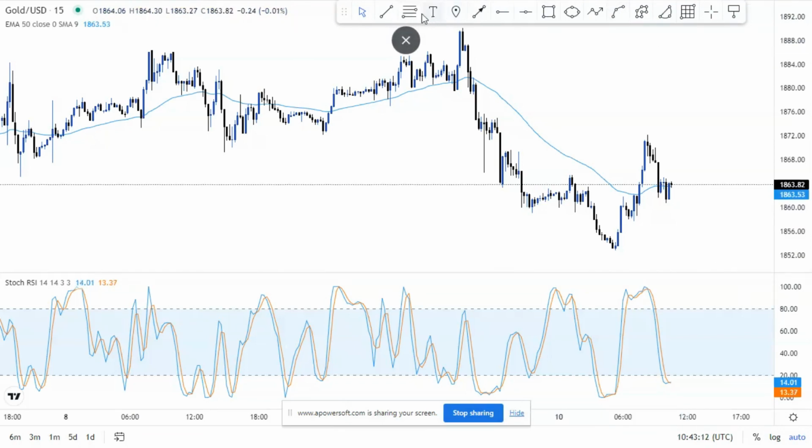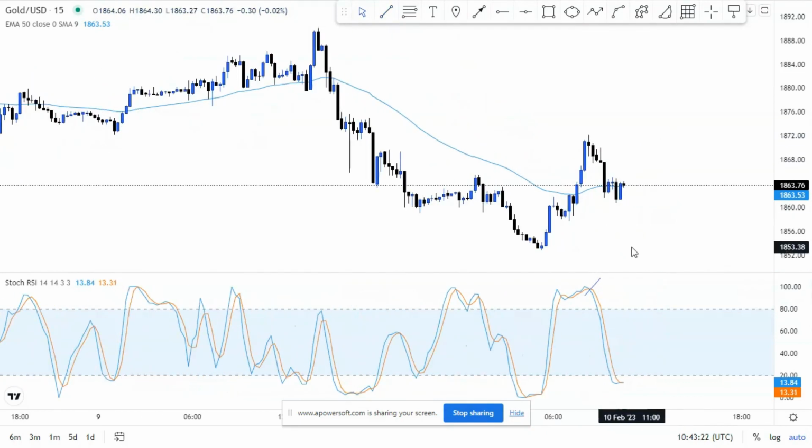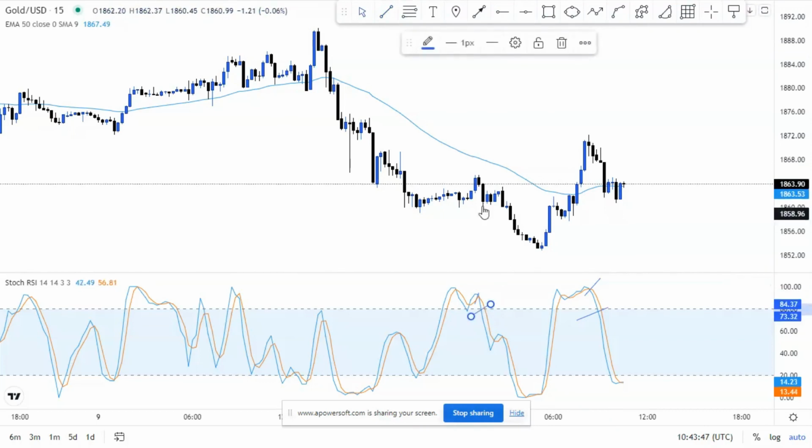Now, for the stochastic, when it crosses, it is not a guarantee that the signal has been created. When it's above 80, the strongest signal comes when it crosses and then it approaches here. We don't take the signals when it has just crossed; we take them when it has crossed and then it comes here.